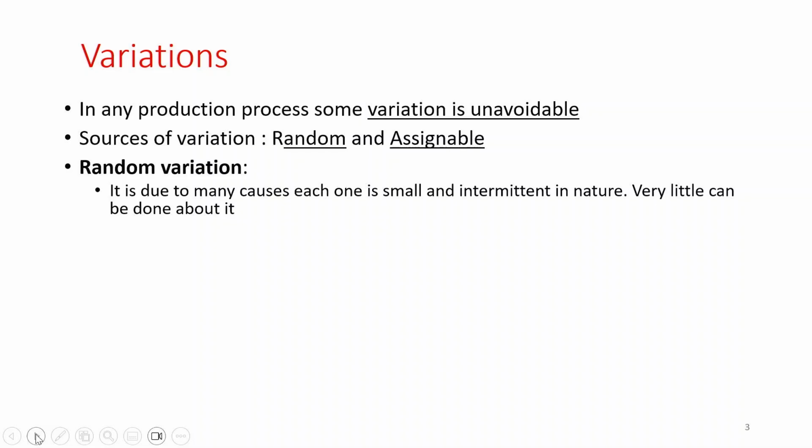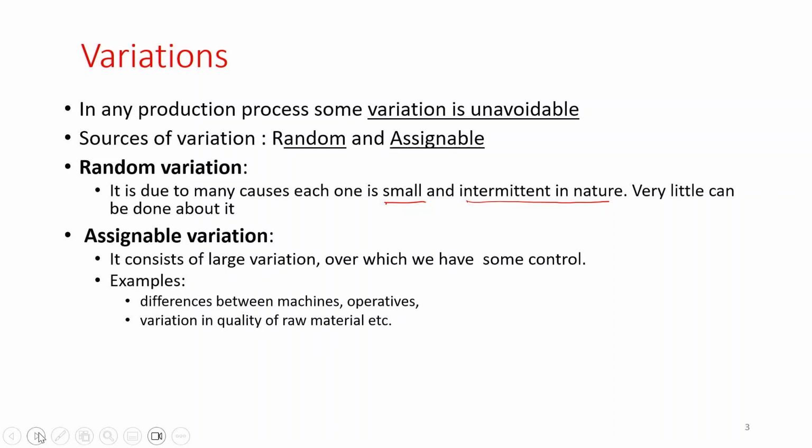Random variations could be very small, but could be intermittent in nature, and very little can be done about it. Assignable variations, generally they are large, and we have some control on this type of variation.